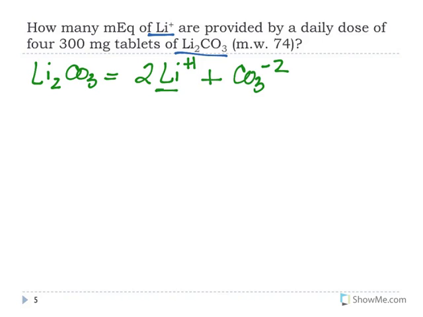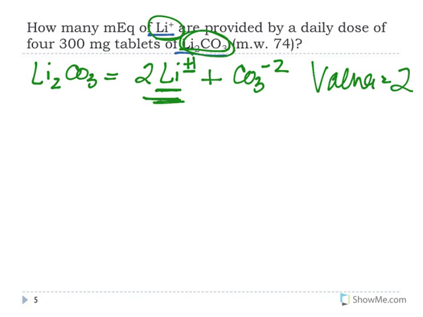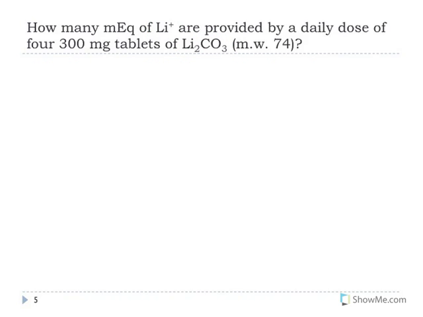So even though lithium itself is a +1, and we're being asked to solve for milliequivalents of lithium, we still want to deal with the valence of the overall substance. And because of that, our valence in this problem is actually 2, because you have 2 lithiums, not just 1.